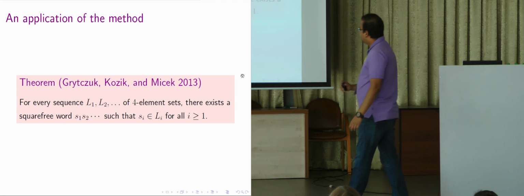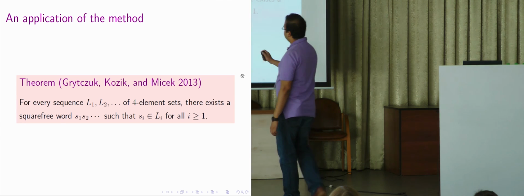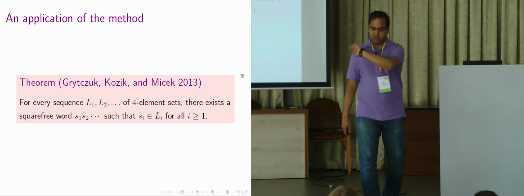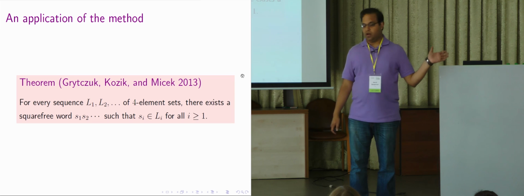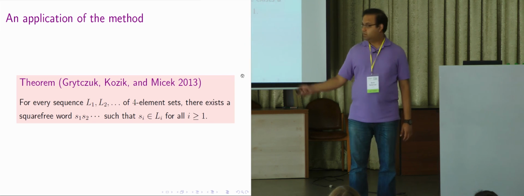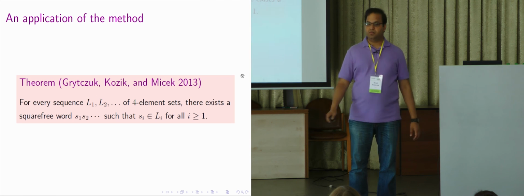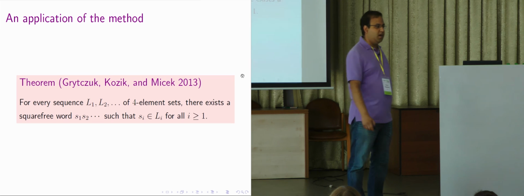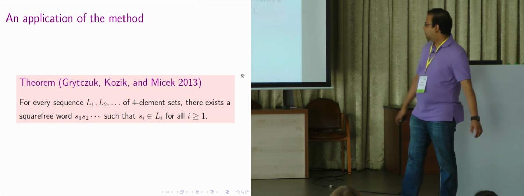And so these guys prove that if your lists have size 4, then whatever the specification of lists, you can always construct an infinite sequence that obeys this condition, that each symbol S_i belongs to the ith list, right?